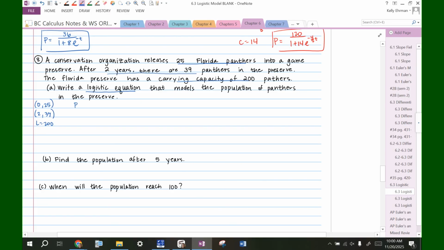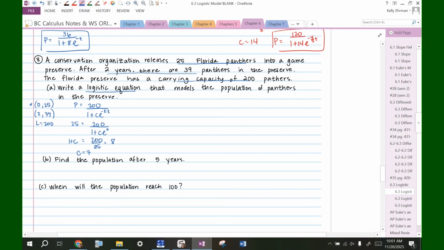So, in general, P is equal to L divided by 1 plus C e to the negative KT. Always plug in that initial condition so you can figure out C, because you can't find K if you don't have C. So 25 equals 200 over 1 plus C e to the 0. 1 plus C equals 200 over 25, which is 8.